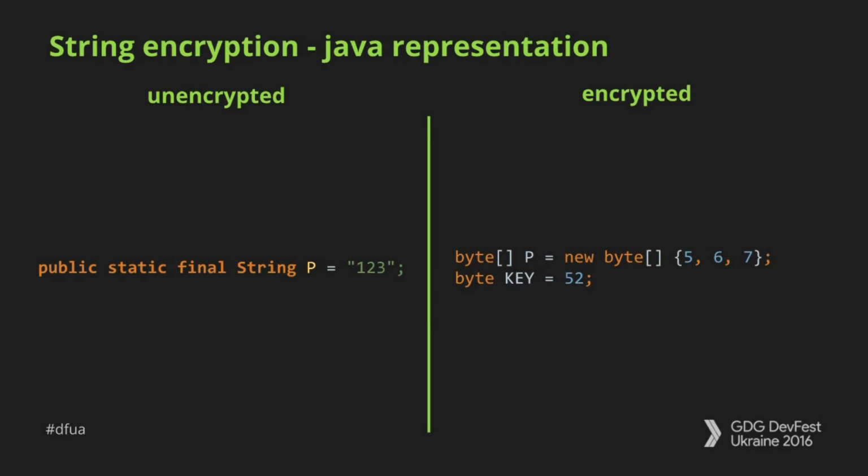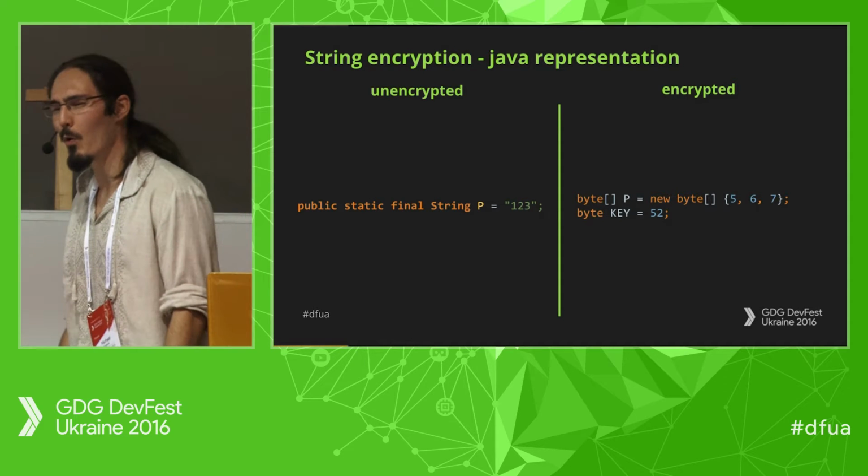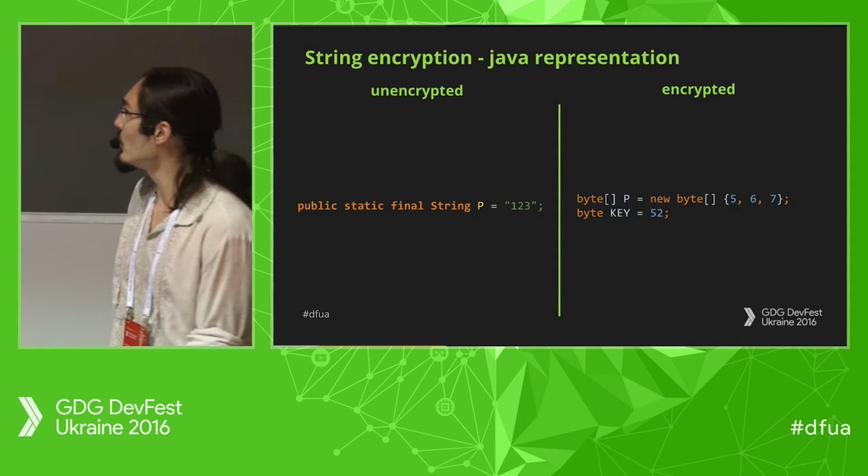Another approach is string encryption. As you remember from our demo, it was really easy to see password in our code. So we should do something with this. For example, we can store our secret code or key, API key, any string in encrypted form.